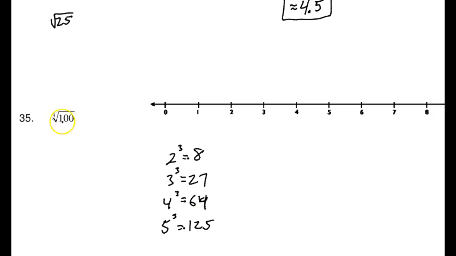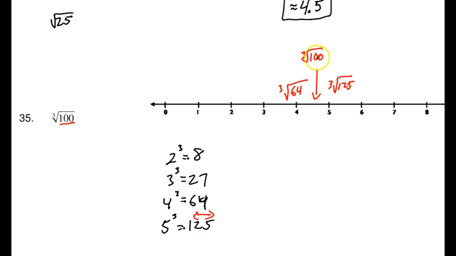And then we can see that 100 is right in here, between the cube root of 64 and the cube root of 125. So, yeah, cube root of 64 equals 4, and the cube root of 125 equals 5, and I know that cube root of 100 is right in there, between 64 and 125.